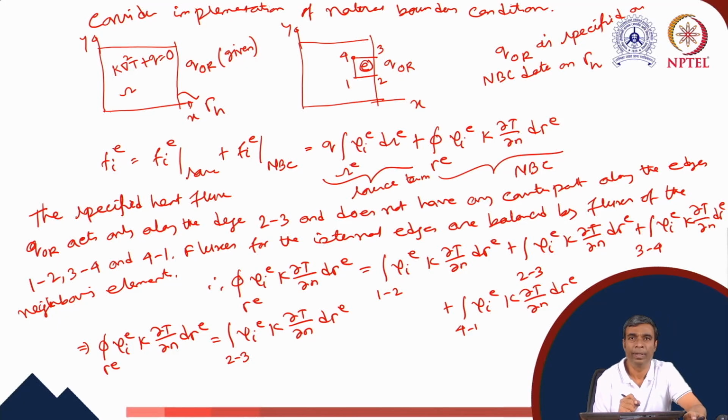It means that the four-noded quadrilateral element effectively reduces to a two-noded bar element.